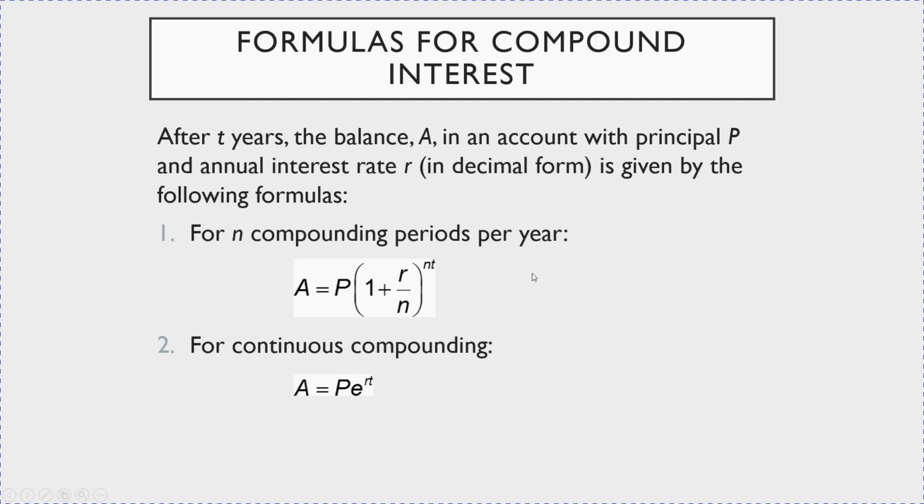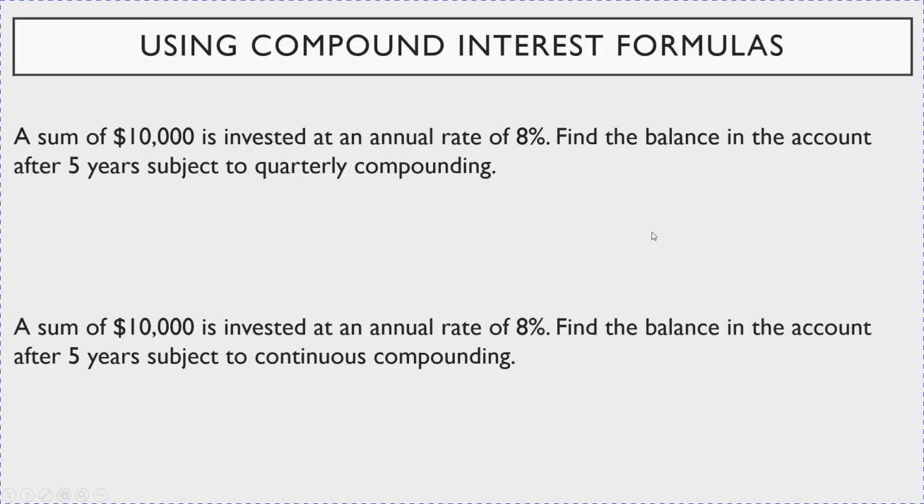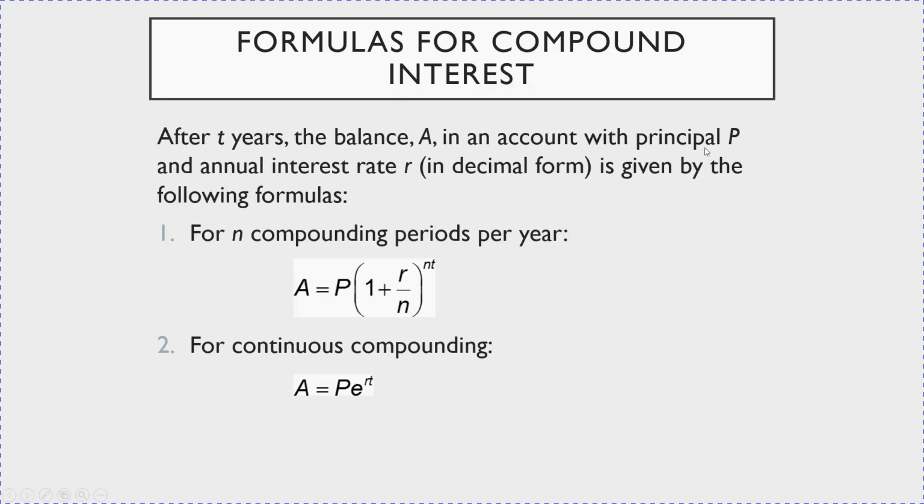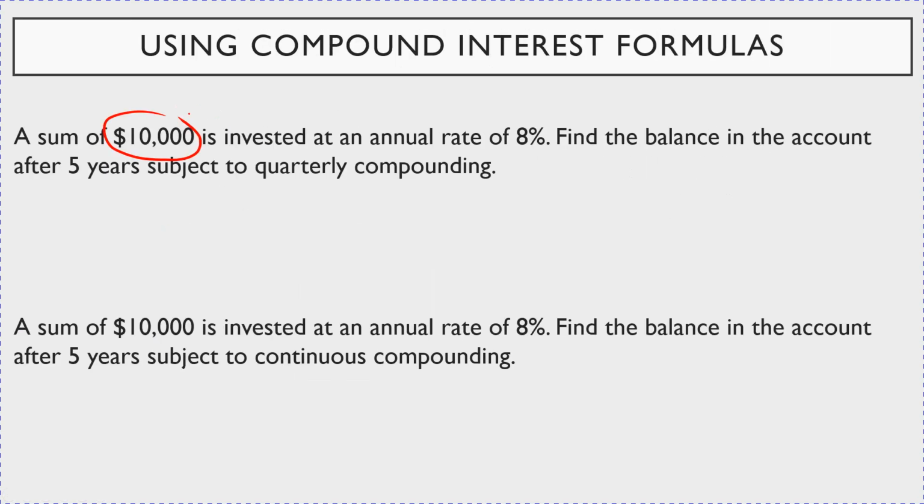Let's now work a problem using these formulas. A sum of $10,000, that's my principal P, is invested at an annual rate of 8%, so that's 0.08 as a decimal. Find the balance in the account after 5 years, so that's my t, subject to quarterly compounding.